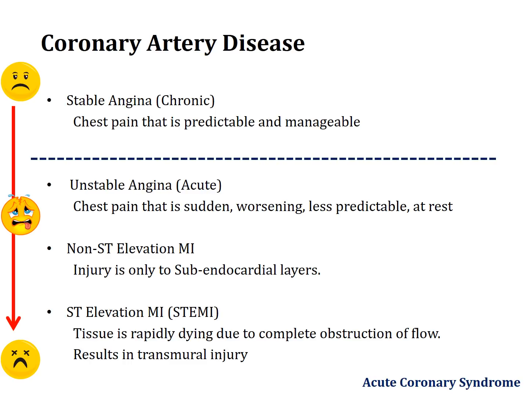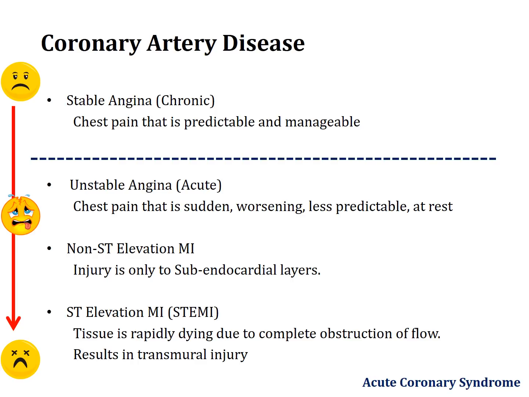And that myocardial infarction can be broken down two different ways: non-ST segment elevation myocardial infarction, that typically involves ischemic injury just to the subendocardial or subendothelial layers of the heart. And then we have ST segment elevation MI or STEMI, where there's complete loss of blood flow to the myocardium, and now we're getting ischemic injury across the entire wall of the heart.